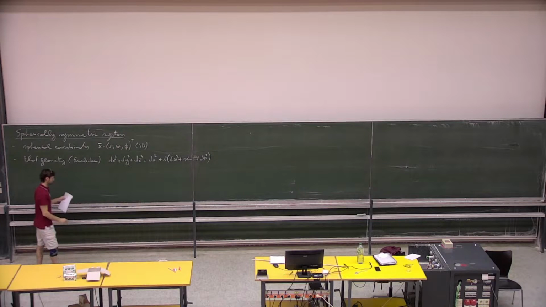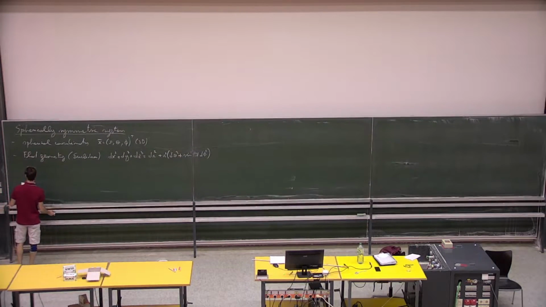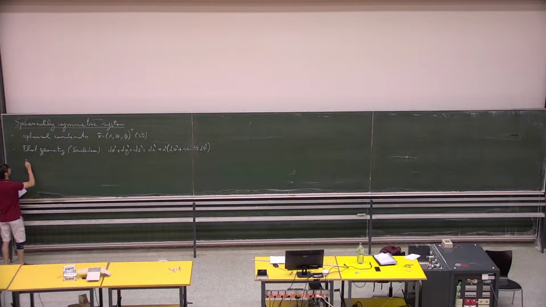Again, the three-dimensional part. In flat geometry, if we want to measure the circumference of a circle, that's going to be 2 pi r.